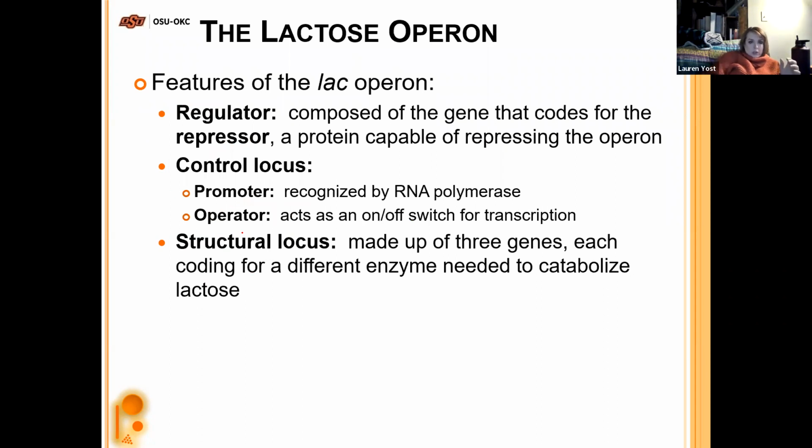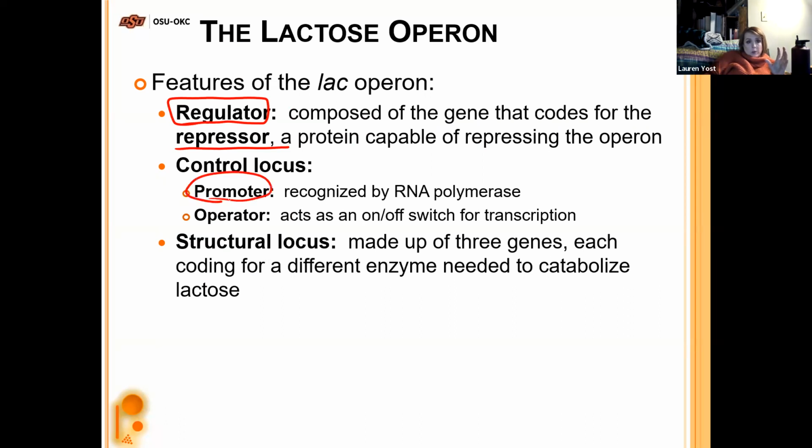So we're going to start with the lactose operon. With the lactose operon, we have a regulator, which is the gene that codes for the repressor. Okay, the thing that's going to repress it and stop it, right? Then we have the control locus, how we're going to control all of this.